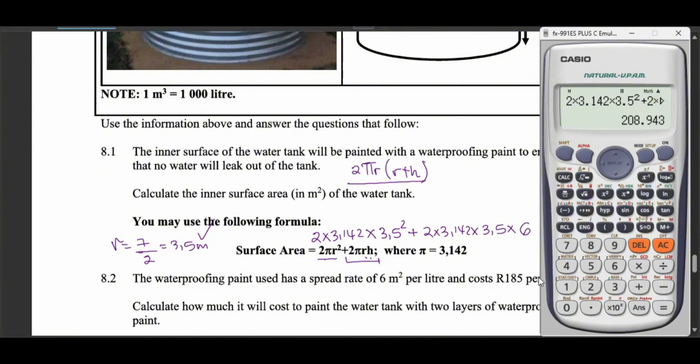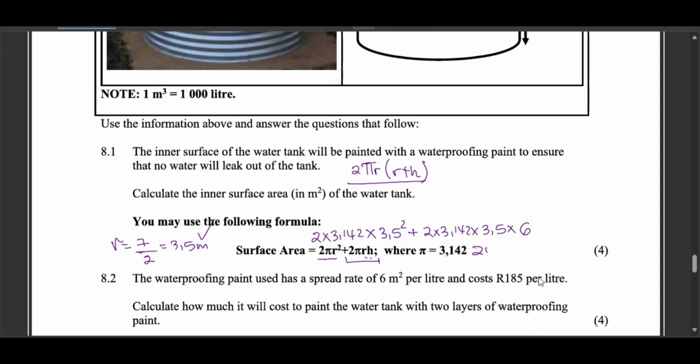What answer do you get? You get your answer as 208,94. These are meters squared.